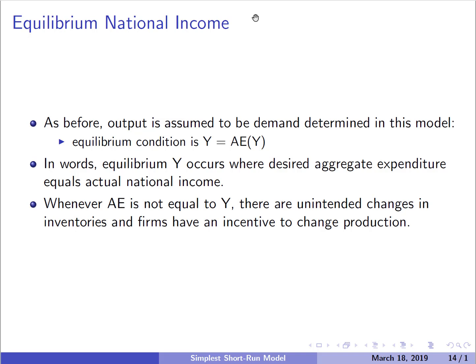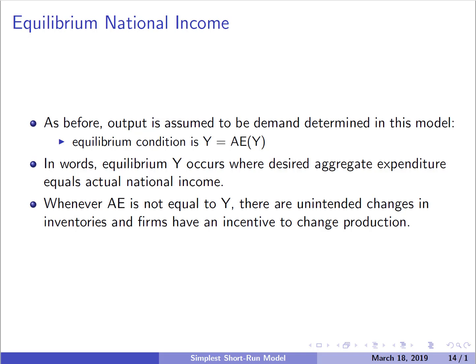If desired aggregate expenditure is above Y, then inventories are falling and production increases, so investment increases to make up for those falling inventories, which is going to push production up, and Y goes up. On the other hand, if AE is less than Y, we have inventories piling up or accumulating. Firms don't need to keep making things because they don't need to replenish their inventory. So they slow down their production and their investment in inventories, which is going to make Y go down. So this is why Y equals AE is the equilibrium. It's the same reasoning behind the equilibrium before.